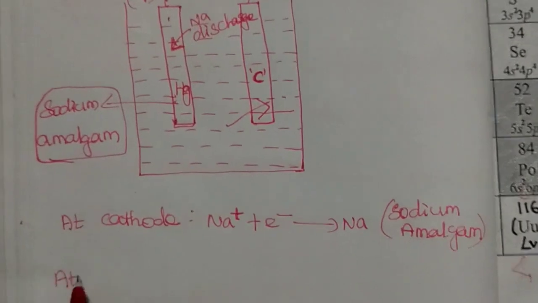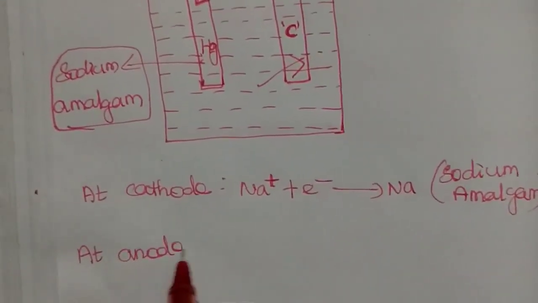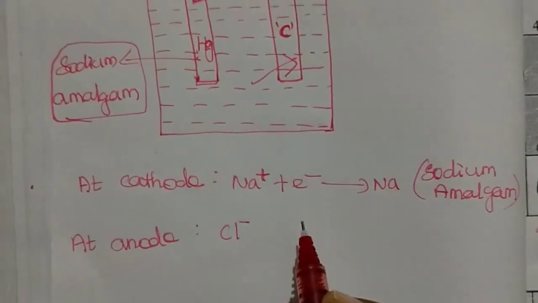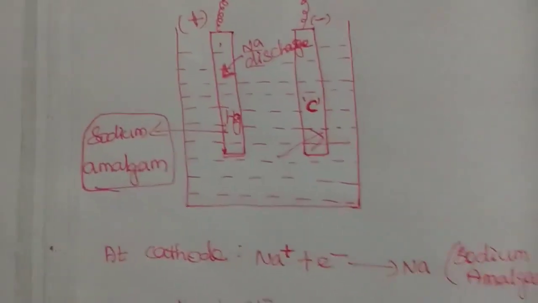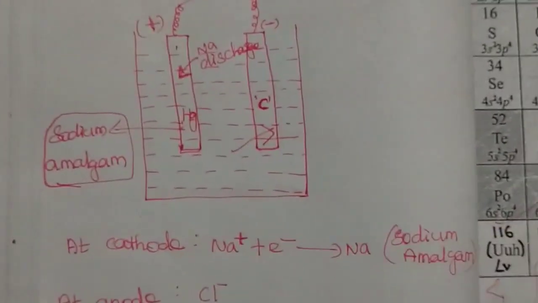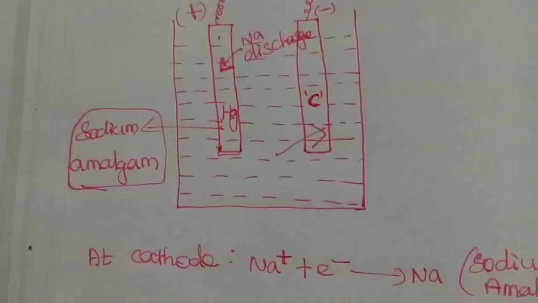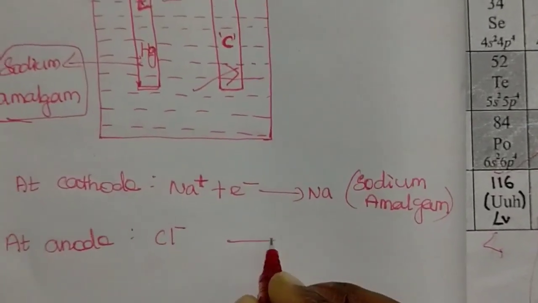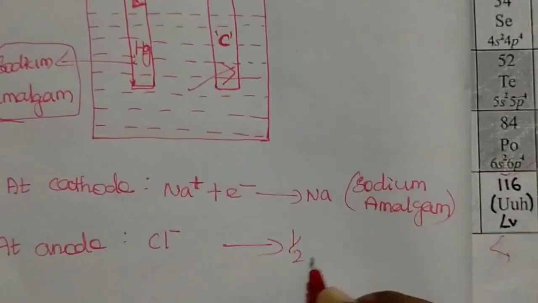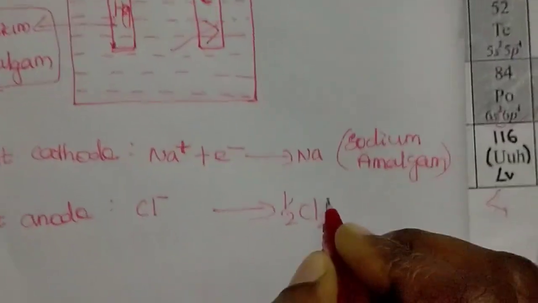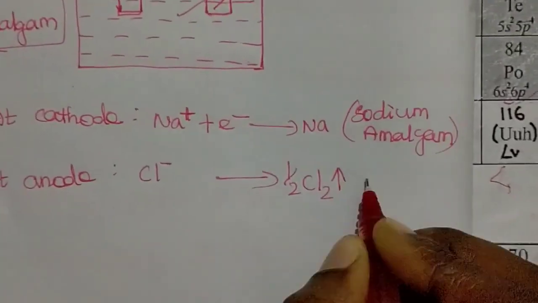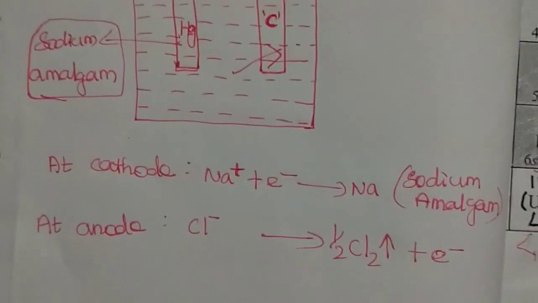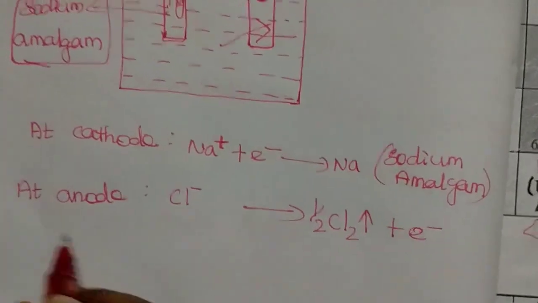Then the reaction at anode: chlorine is evolved as a gas at the anode. That means Cl minus becomes Cl, and it is evolved as a gas with the release of electrons.